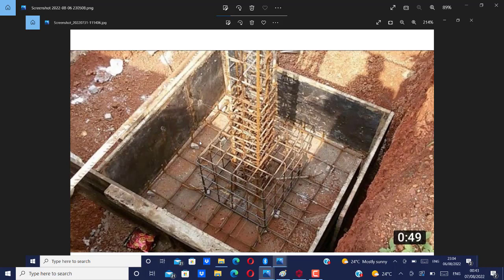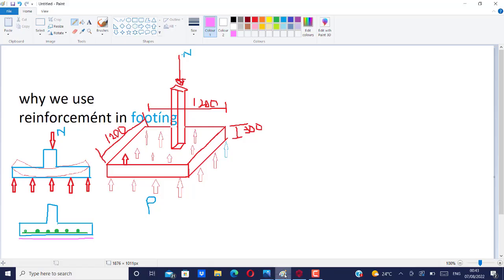We provide this so that the footing will not bend, because when this happens, your footing will crack.